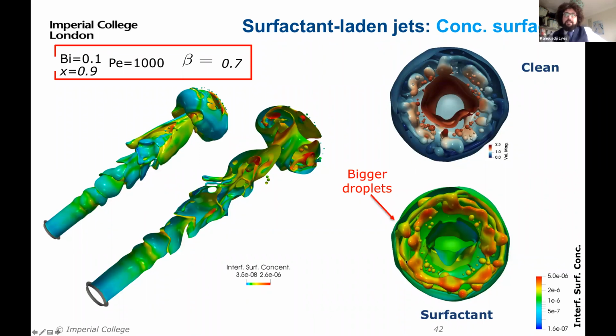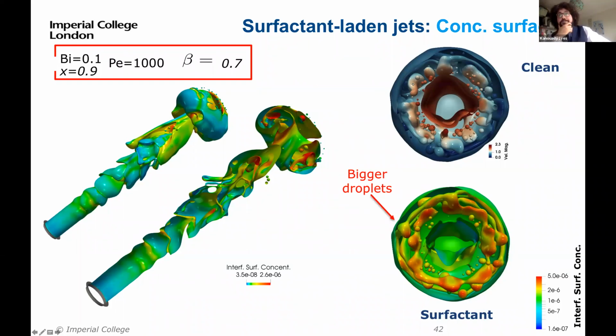And what we do here is we try to isolate the mechanisms that bring all of this. For example, the elongated ligament, the retracting ligament, the bursting droplet, the coalescence, the pinch-offs. We try to isolate the mechanisms just to understand what the final output is between clean and surfactant.